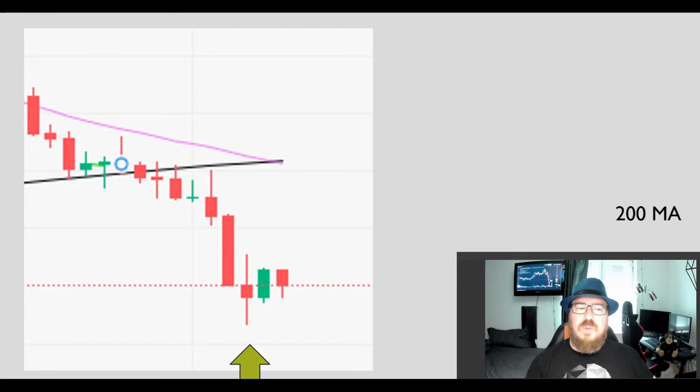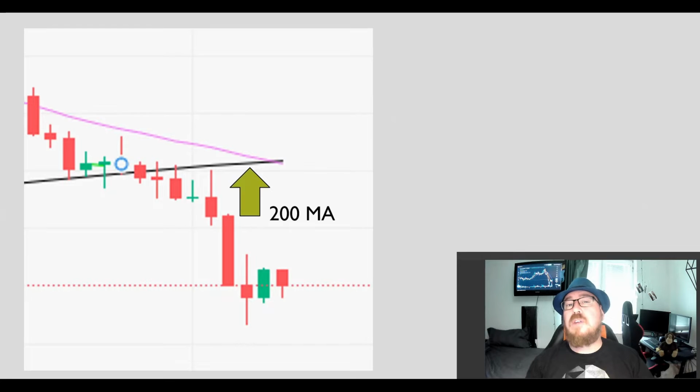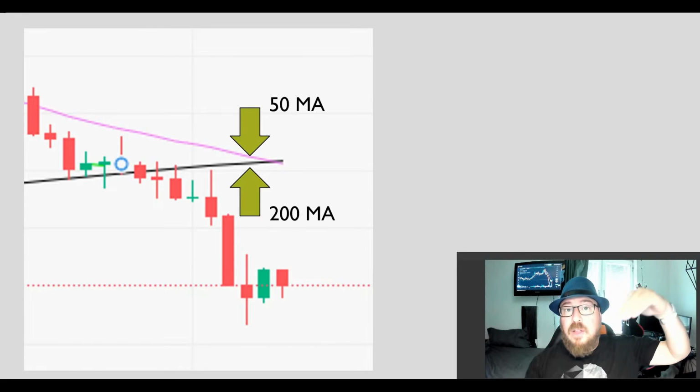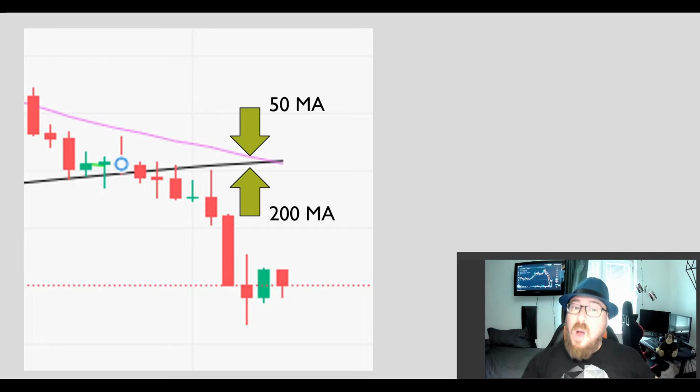The dark line, which one's that? Well, that's our 200 MA line. The top one, this is our 50 MA line. So when the 50 MA line starts to go below the 200 MA line, this is called a death cross.